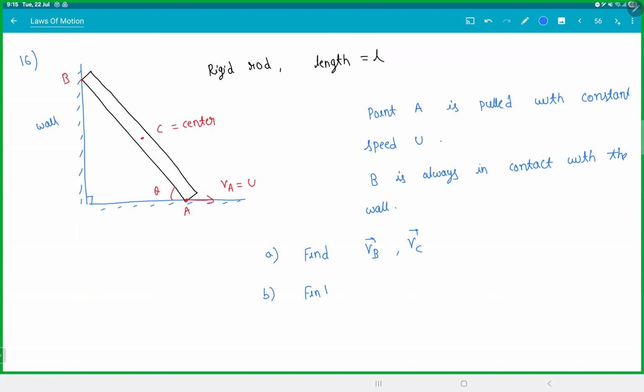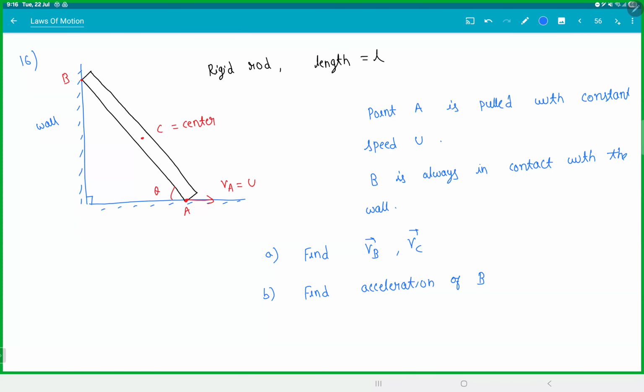Second thing, find the acceleration of B. Let's get these two. Shreyans, VC is wrong.